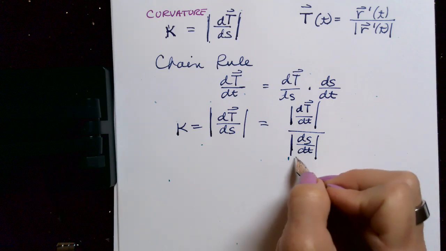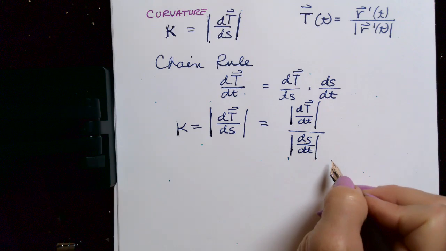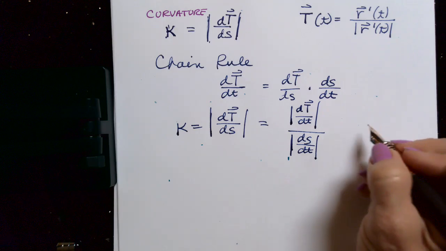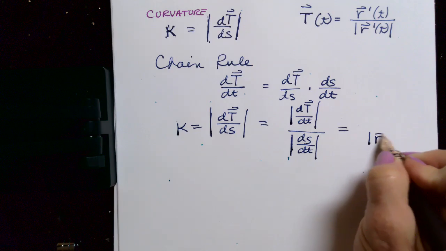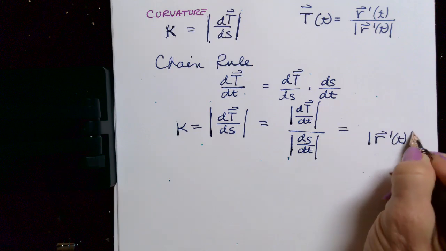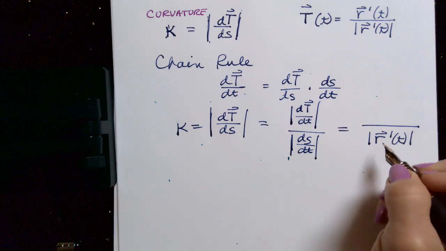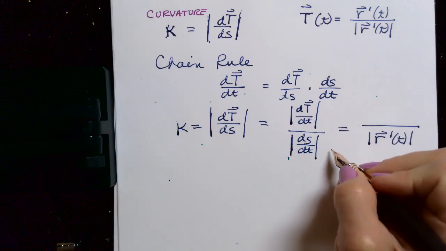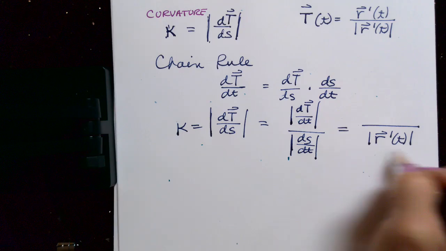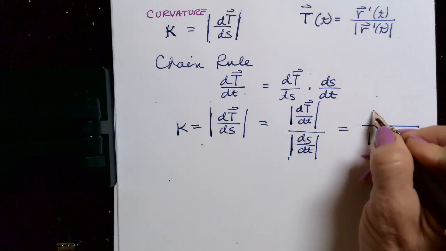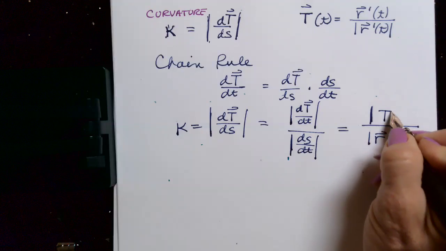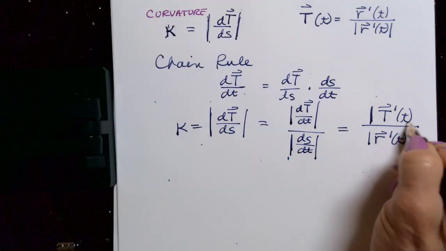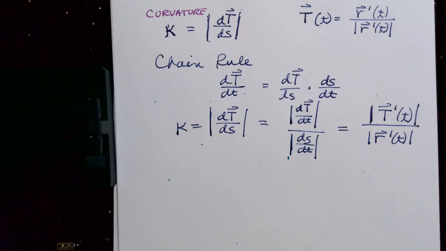But what is the length of ds/dt? That is exactly the length of the vector r prime of t. We saw that when we defined the arc length function, by using the fundamental theorem of calculus. So that denominator is just the length of r prime of t, and in the numerator dT is a derivative where I'm expressing the unit tangent vector in terms of the parameter t.